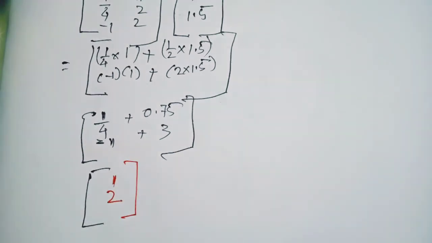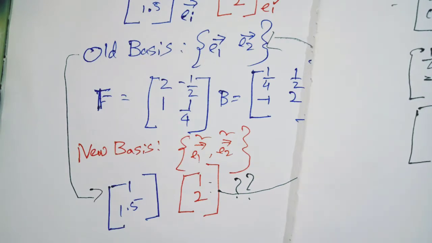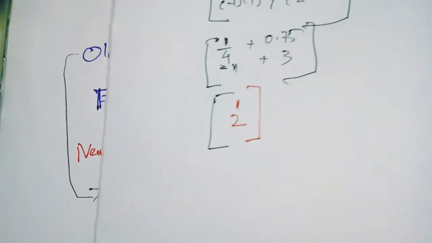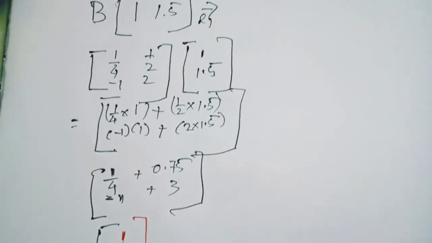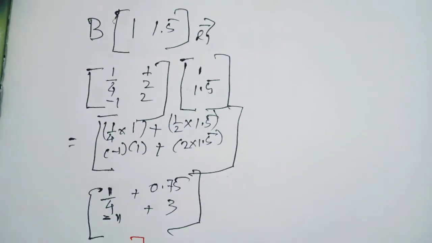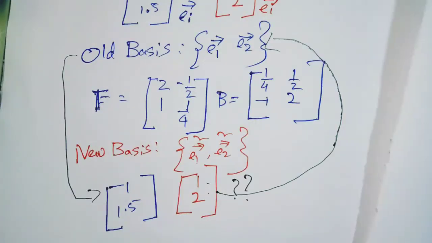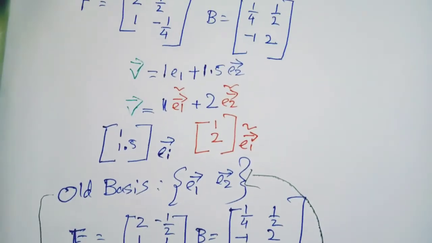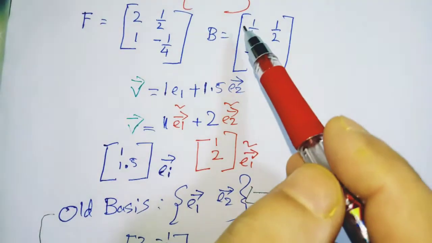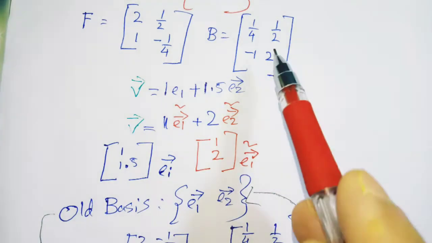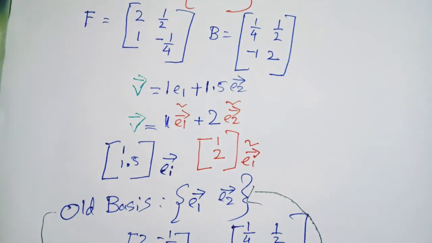Right, so you see this 1 and 2, which I was talking about. So now you see that we have proved it by applying the backward transformation. Backward transformation values are which ones? You see, on this page I have shown you the backward transformation values: 1/4, minus 1, 1, 2. Multiplied with this backward transformation, I am multiplying the values of 1, 1.5.